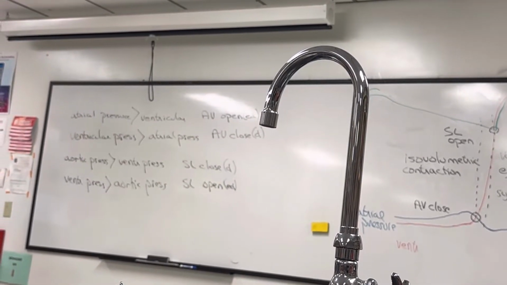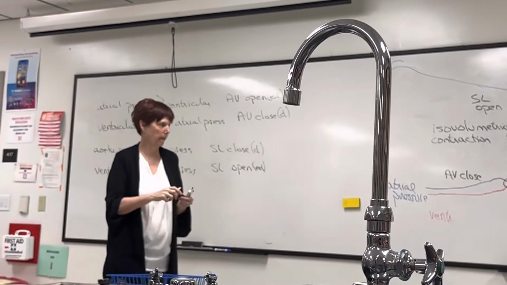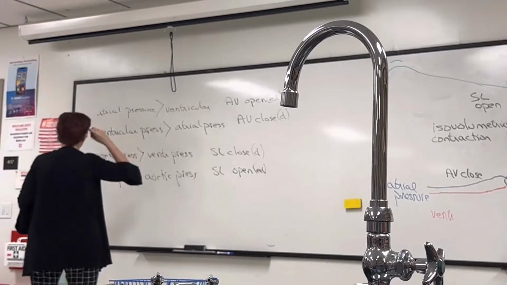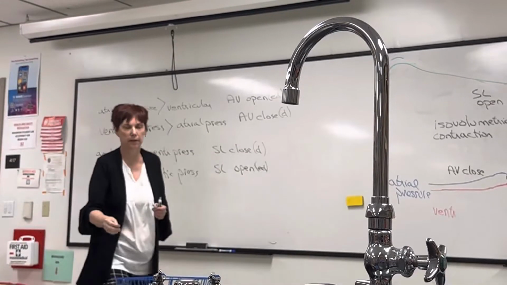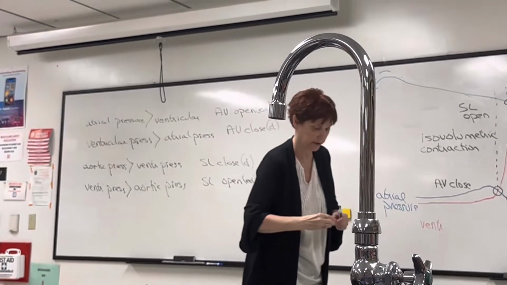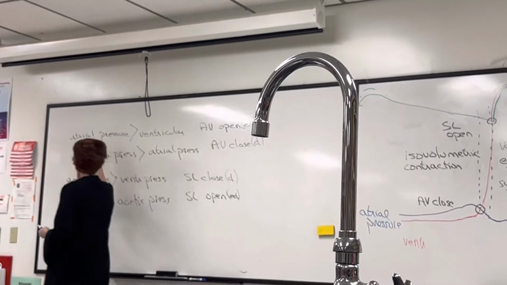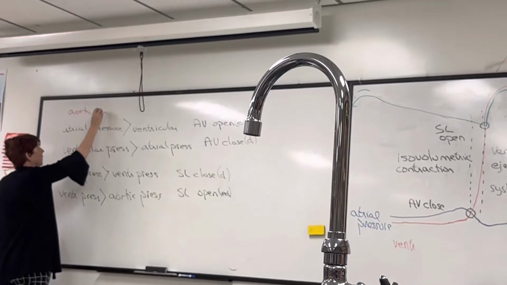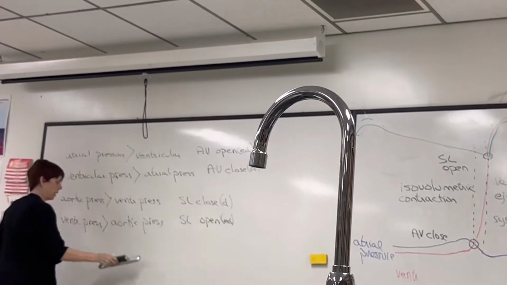All right, so what happens when atrial pressure is higher than aortic pressure? Sorry, I said it the other way around.